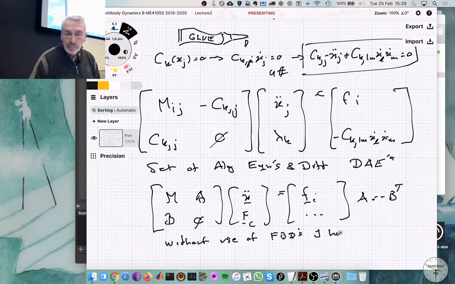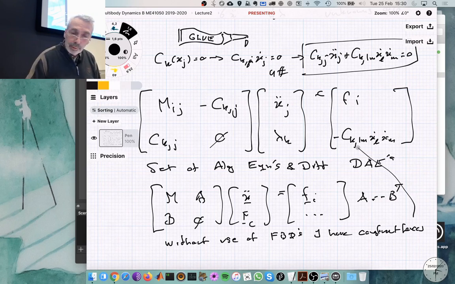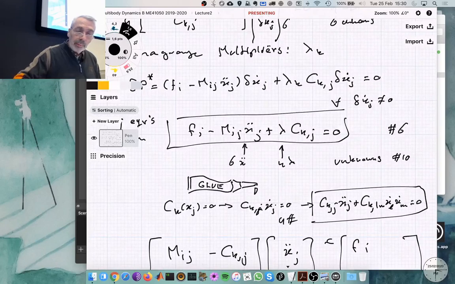I have constraint forces. Because if we used constraint forces here and here we use lambda k, they have to be constraint forces, these multipliers. And we can also reason back that they should be forces, because this is our equation of motion, right? And how do we get that?